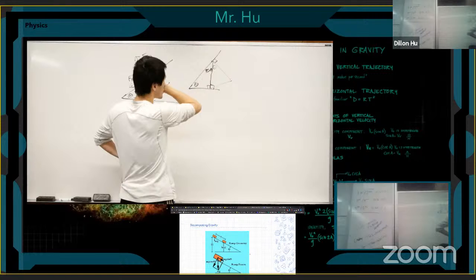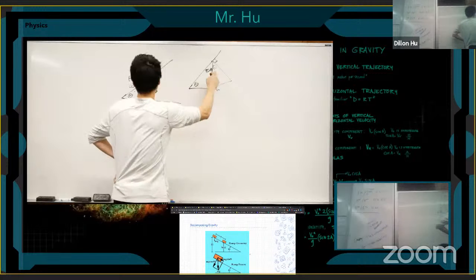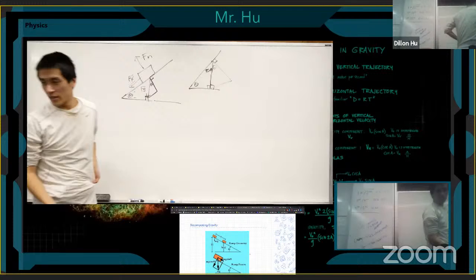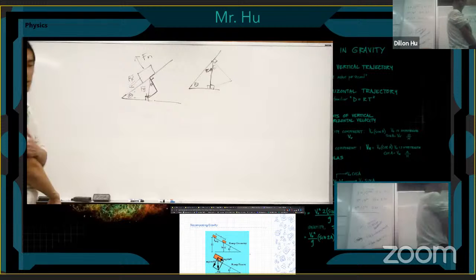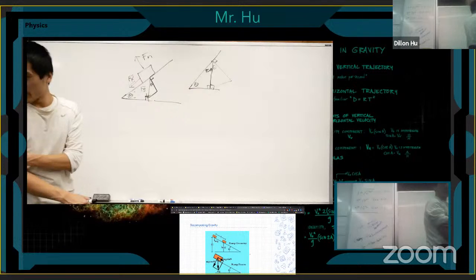Which makes this angle theta, because all these angles also need to add up to 180. So this angle right here will be theta. Does that make sense? I can try to explain it more. I don't know how comfortable you are with geometry, so I'm going to assume that that was okay.